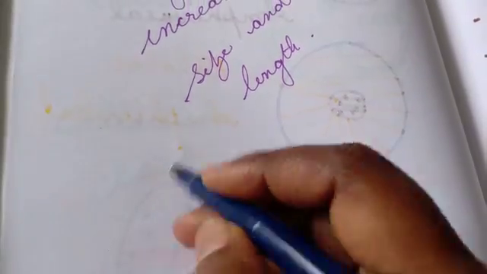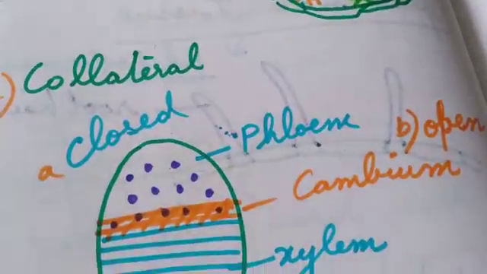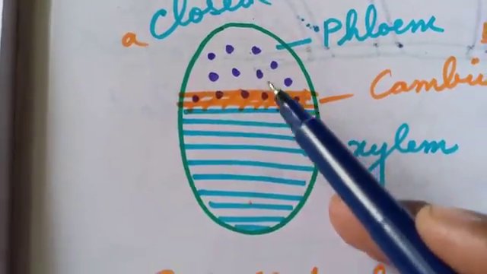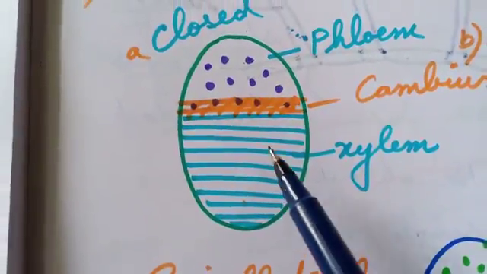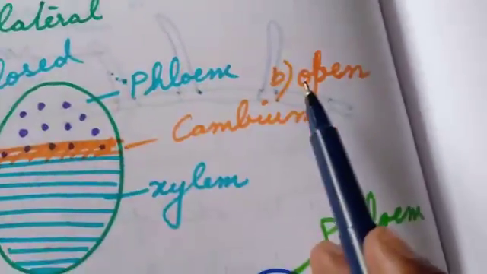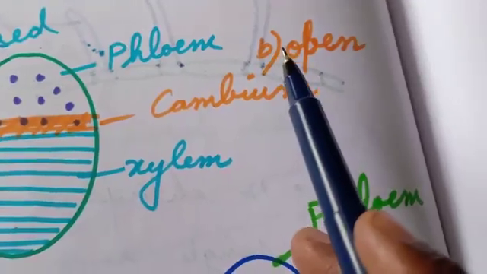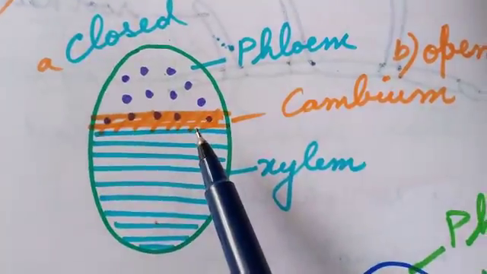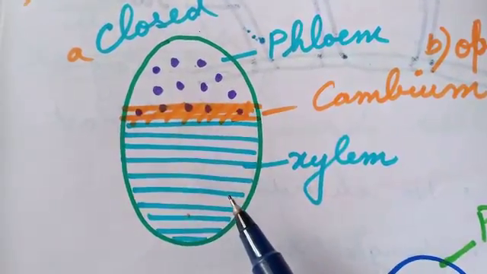Before moving in, let us come to the vascular bundles which we have learned in the last class. This is a vascular bundle. You have the phloem and the xylem. This vascular bundle is of two types. One is called closed, the other one is open. We call the vascular bundle open when the cambium is present between xylem and phloem.